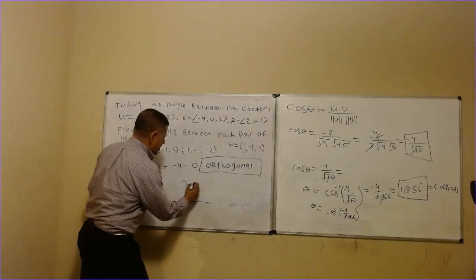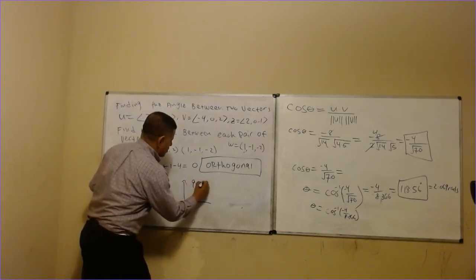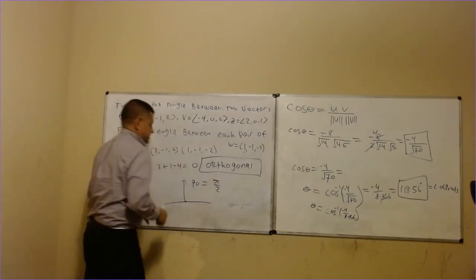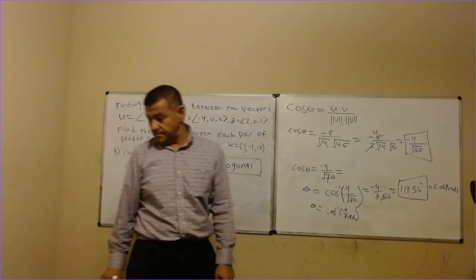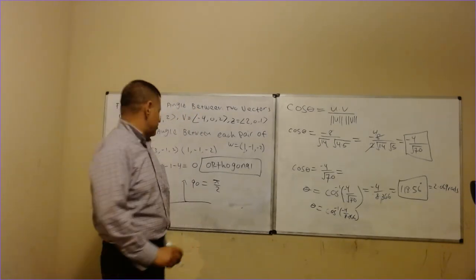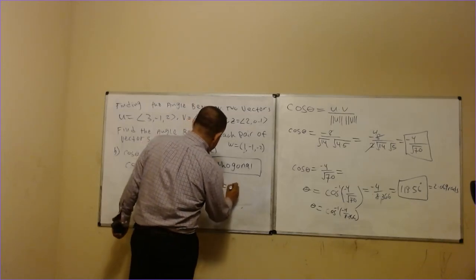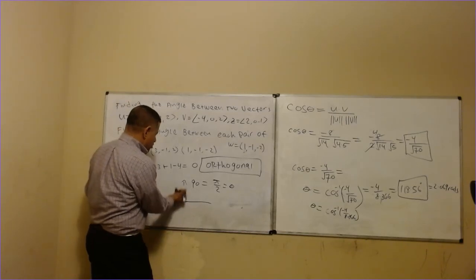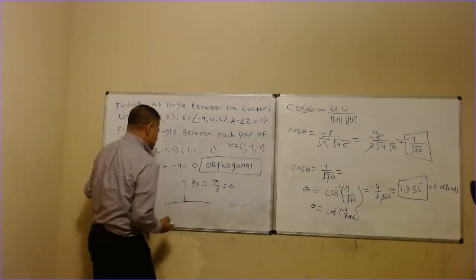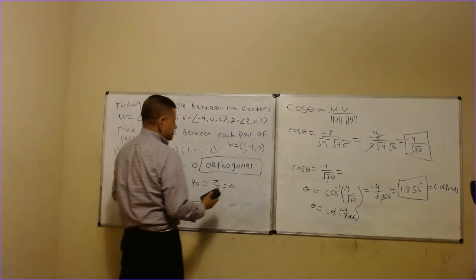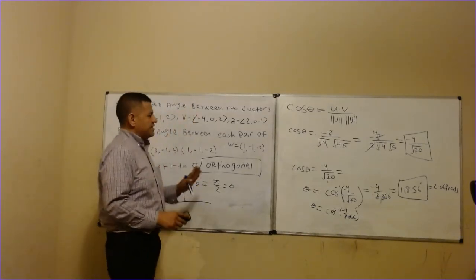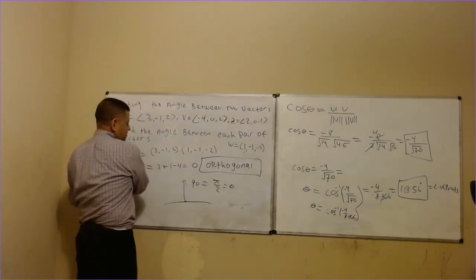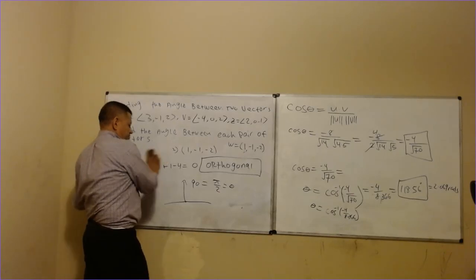This is 90 degrees, or pi over 2 in radians. So this is equal to theta. We still have an angle, but the angle is right at the origin, so basically it's 90 degrees, pi over 2. So B is we have orthogonal vectors.